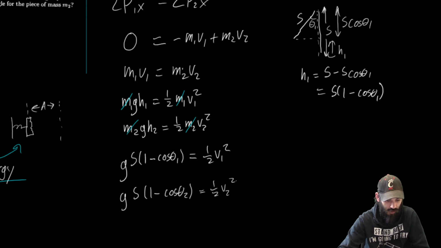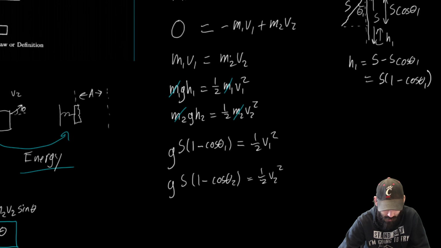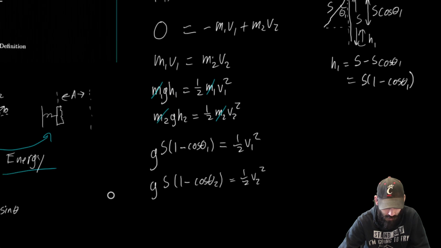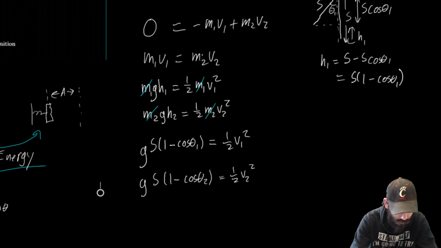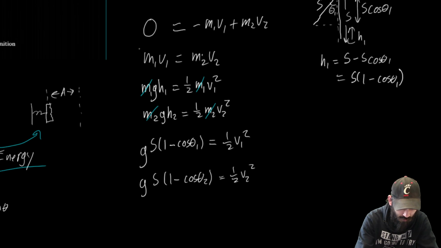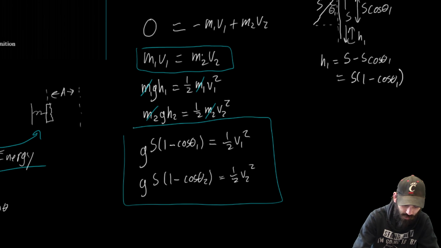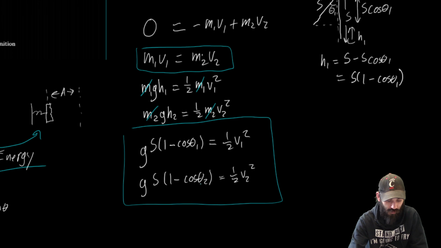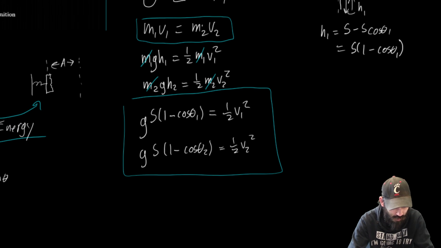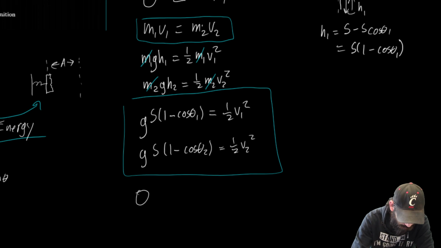Okay, so we have a system of equations here, because these are connected to each other via this equation and these two equations. Ultimately, what we want to do is solve this system for theta 2.